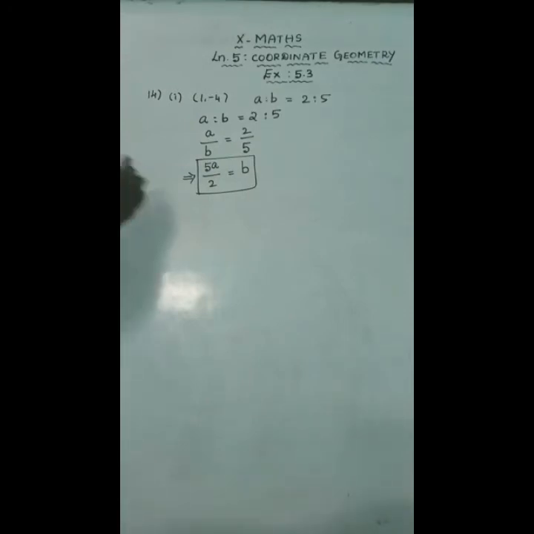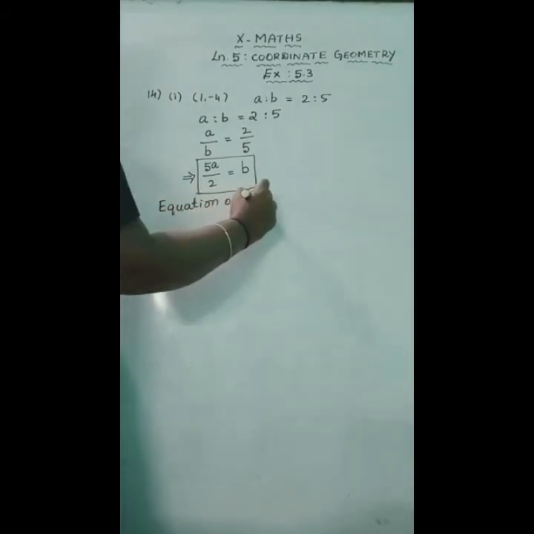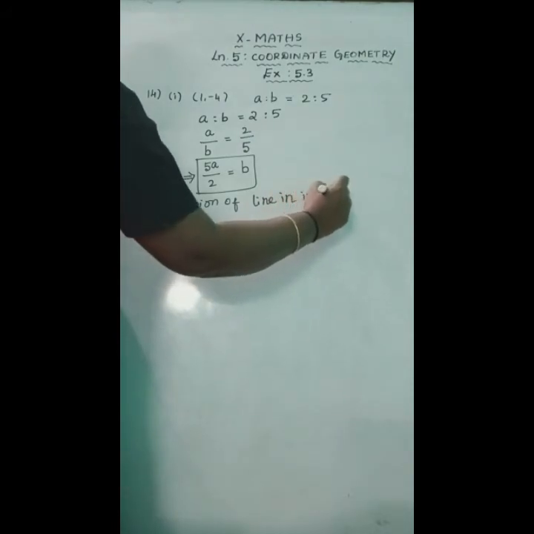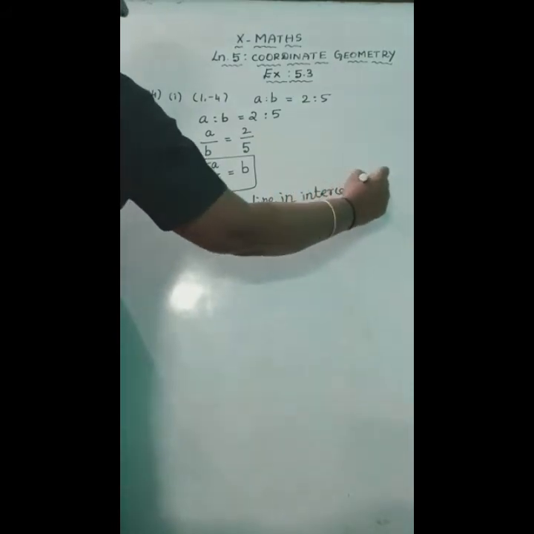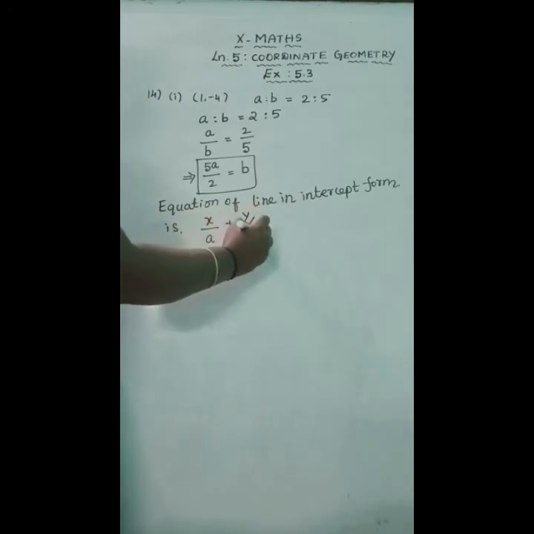So always, the equation of the line in intercept form is x divided by a plus y divided by b is equal to 1.